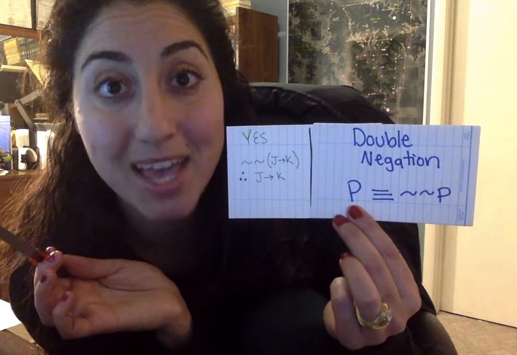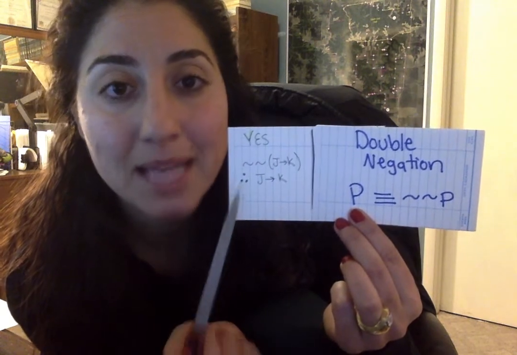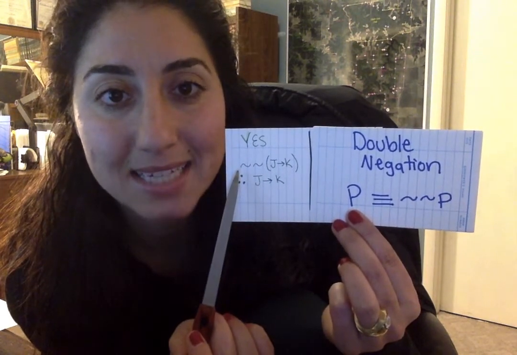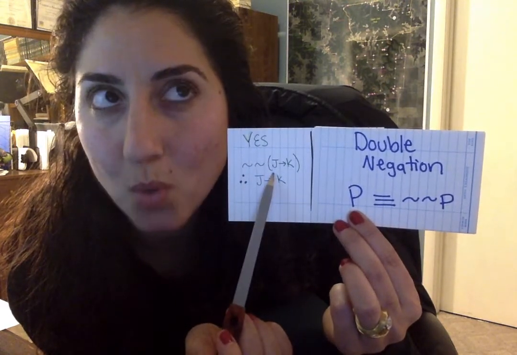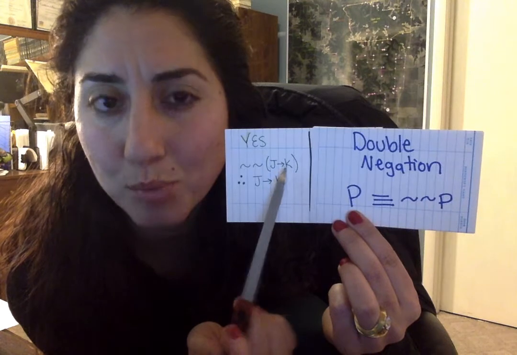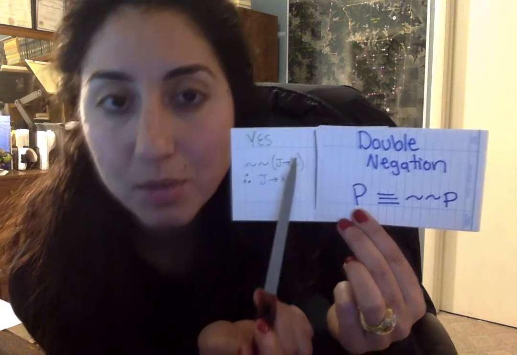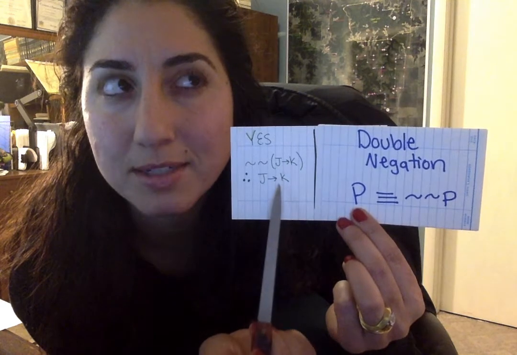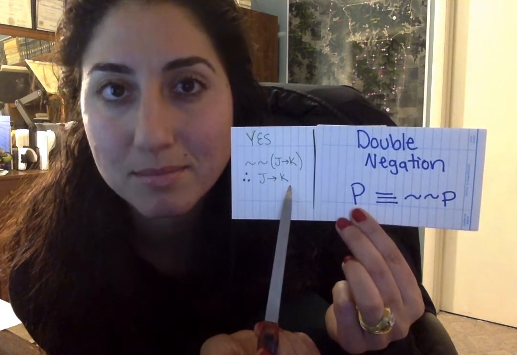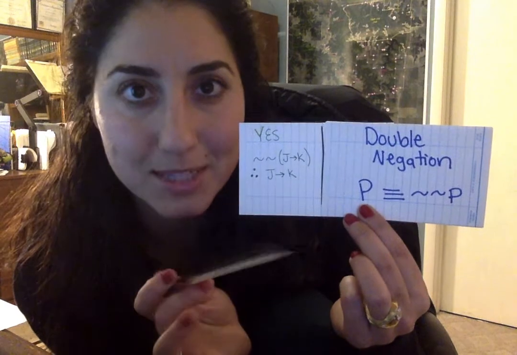And that's okay. Because saying it's not the case that it's not the case that if you don't like jam, then you probably like kale, we're turning that into, if you don't like jam, then you probably like kale. That's okay.